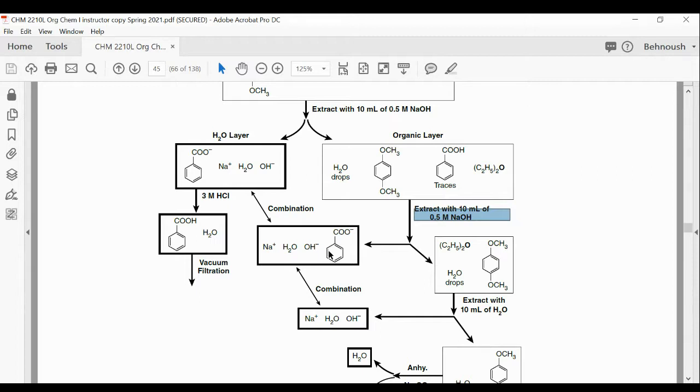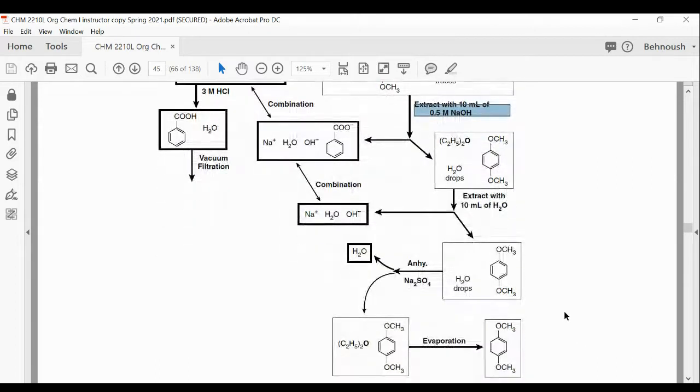Consecutive extraction is done for more efficient extraction, and what it means is that instead of adding 20 milliliters of sodium hydroxide at once, you add 10 milliliters, you separate, then you add another 10 milliliters, you separate. But that's about the consecutive extraction. And it has to be done. The purpose of using sodium hydroxide here is to remove water from the ether layer.